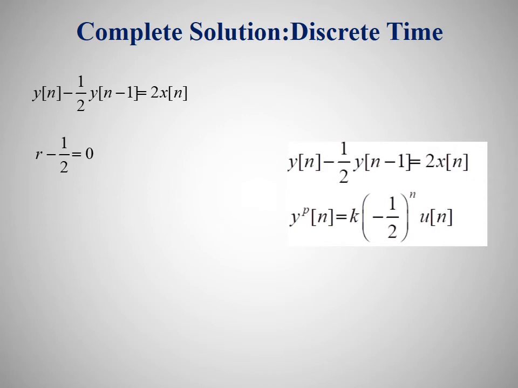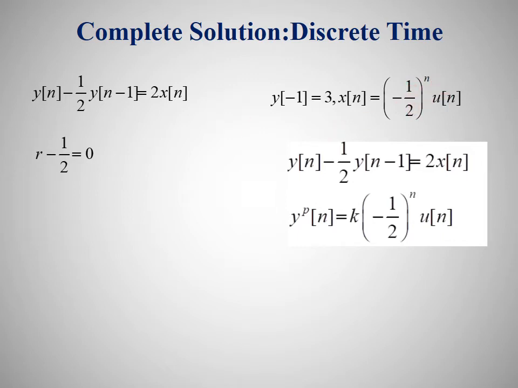Next, we go on to an example in the discrete time case. In the discrete time case, y of n minus half y of n minus 1 is equal to x of n is the problem that is considered, and the initial condition considered is y of minus 1 is equal to 3, and x of n is going to be equal to minus half power n u of n.